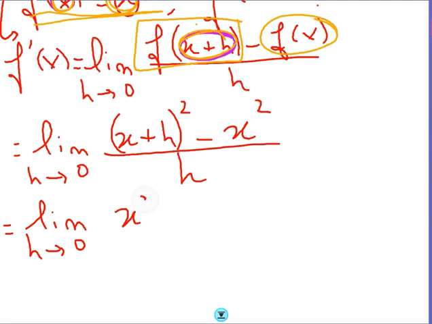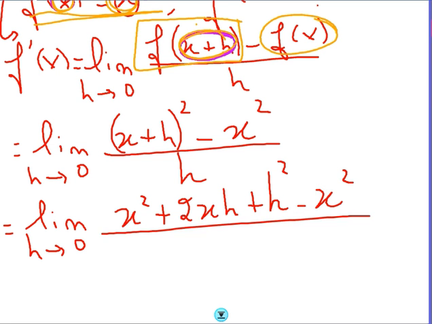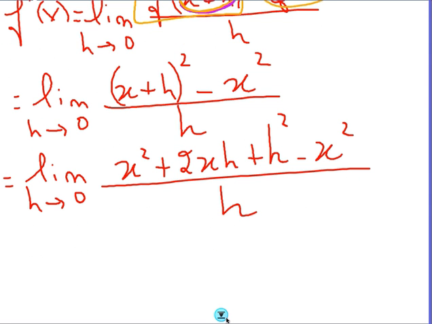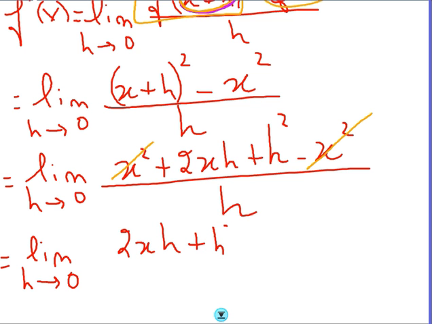So x squared plus 2xh plus h squared, minus x squared, over h. Simplify. x squared minus x squared cancel out, so you'll be left with the limit as h tends to 0 of 2xh plus h squared over h.